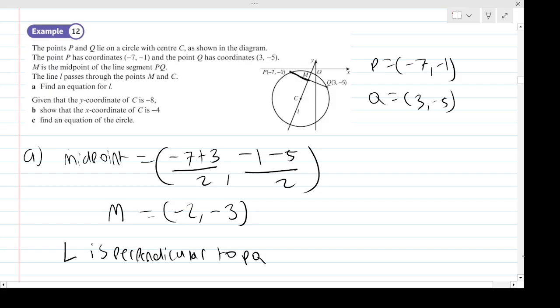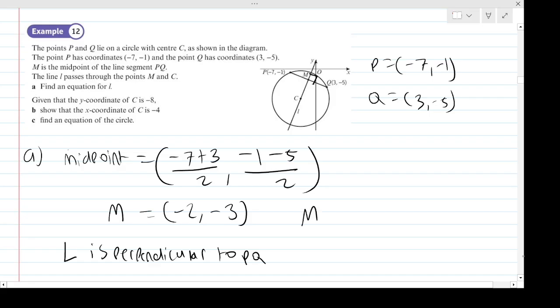So this line PQ is a chord, a line in the circle. So the line going through the middle and through the centre must be a perpendicular bisector, as every perpendicular bisector goes through the middle of a chord and through the centre. Okay, but that means we know it's perpendicular to the line PQ.